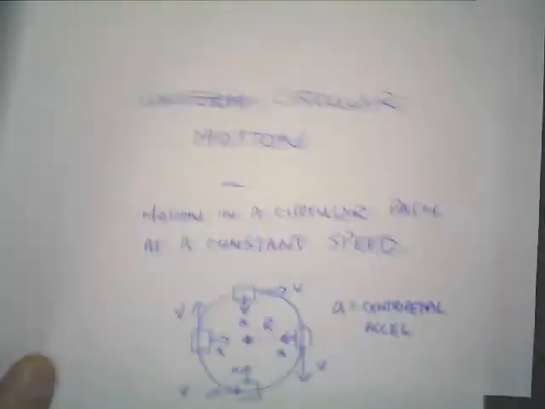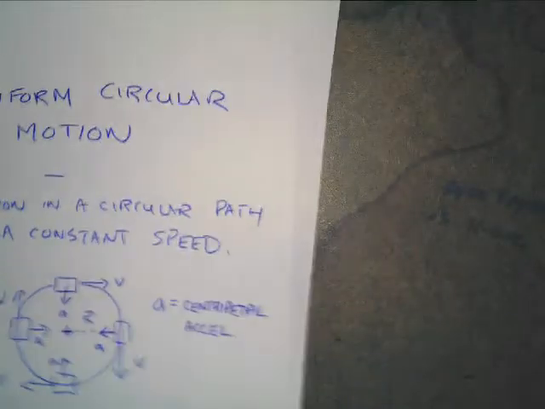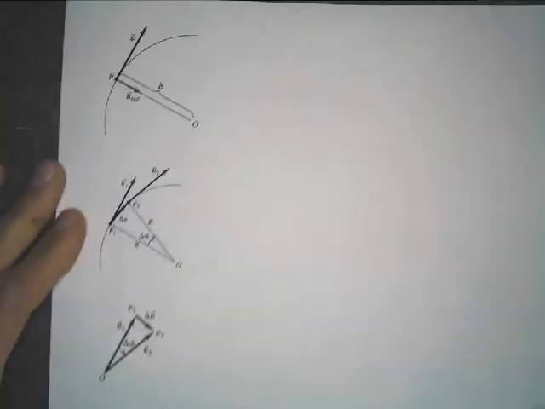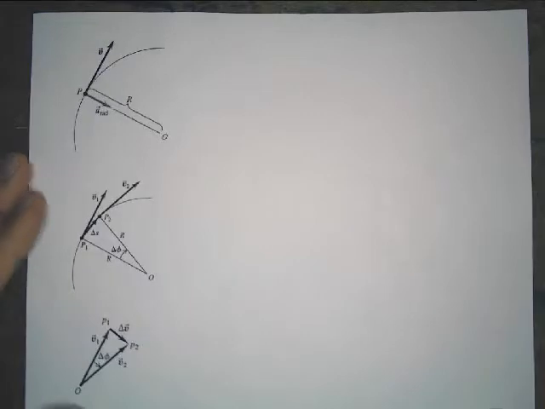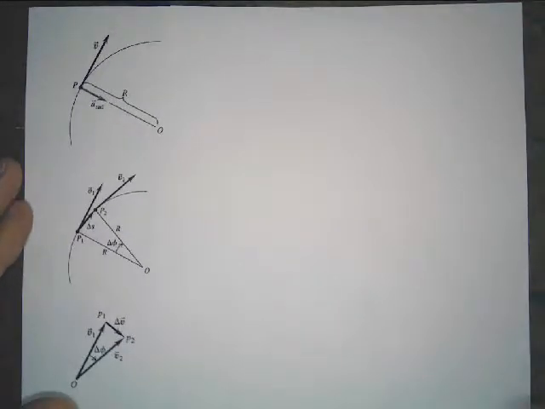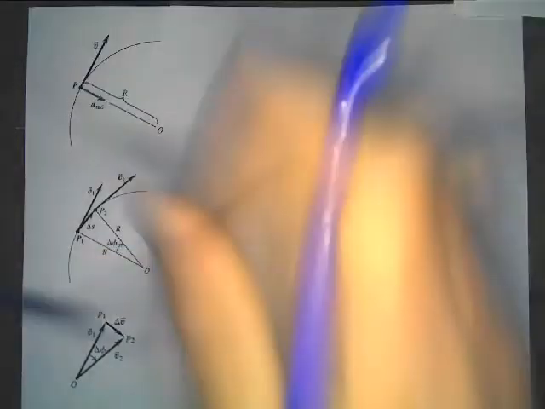So in terms of coming up with this formula, I'd like you to find your sheet that has some of these diagrams on it. This is actually from your textbook. And what we're going to do is just show through geometry where the centripetal acceleration formula comes from.